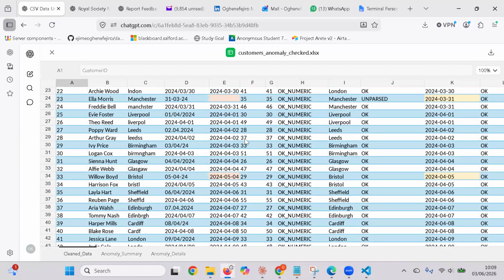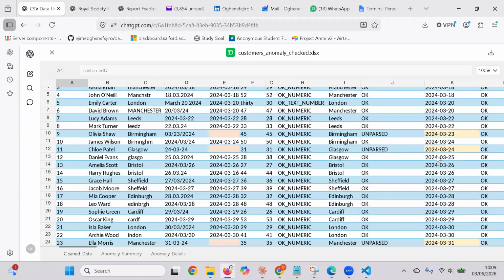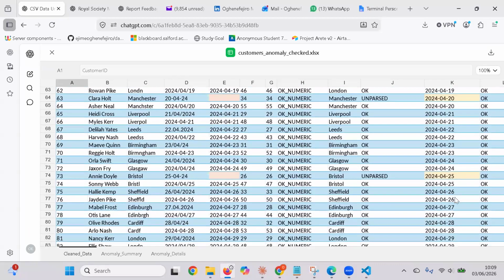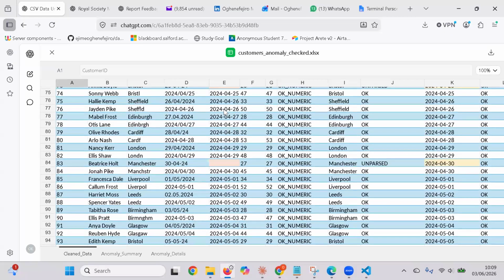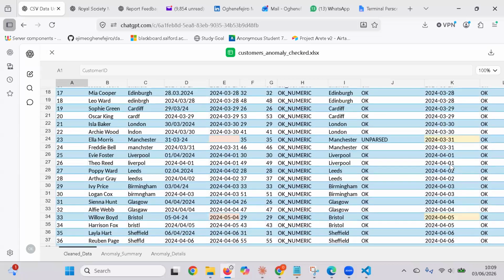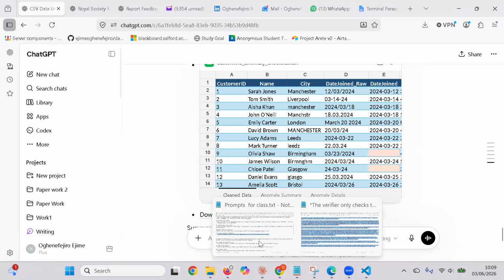We asked it to highlight them, and look at the checks, it highlights those that we asked it to highlight. If we wanted to do some more cleaning, verification, or remove the ones we found to be abnormal, we could have excluded them from the data set. But that's not the case. We are not excluding them. Let's just continue with them.